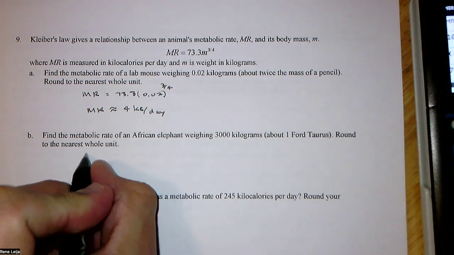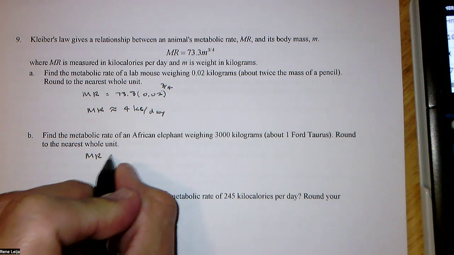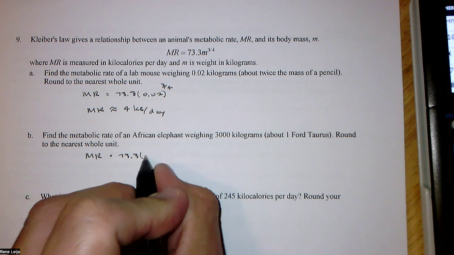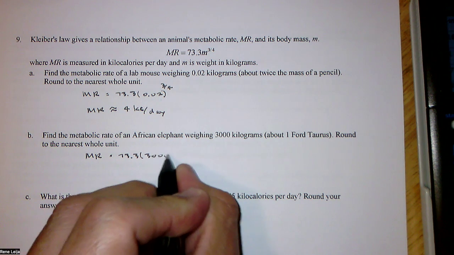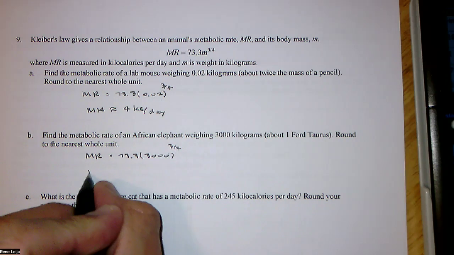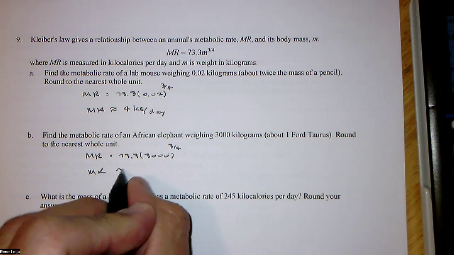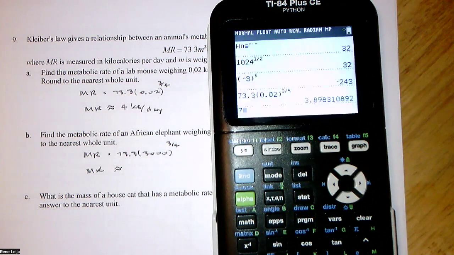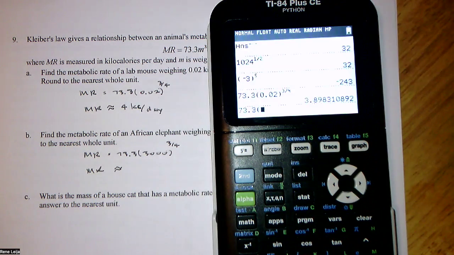So again, we're looking for the metabolic rate. So this is 73.3 times 3,000 raised to the 3/4 power. So the metabolic rate is approximately, well, we're going to do the same thing, 73.3 times 3,000 raised to the 3/4 power.